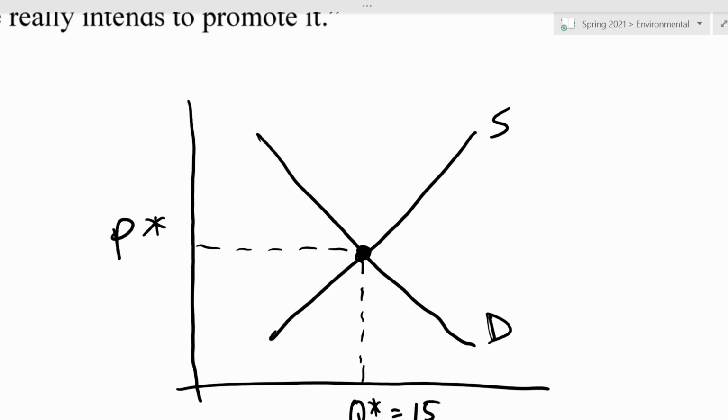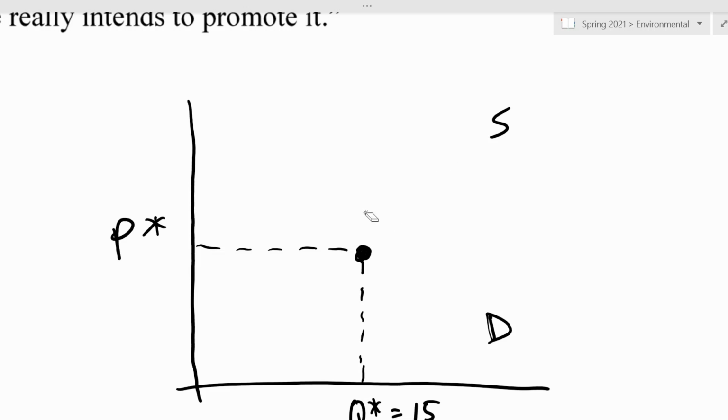Because in a command-based economy, there is no supply curve, there is no demand curve. The central government just decides, okay, here's our quantity of goods. We're going to give 15,000 goods.